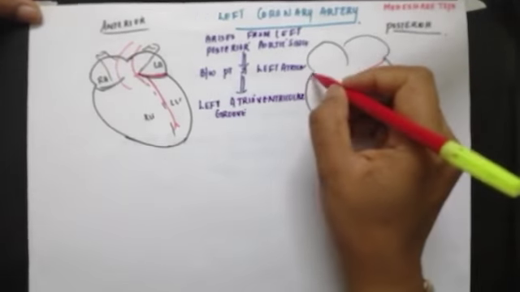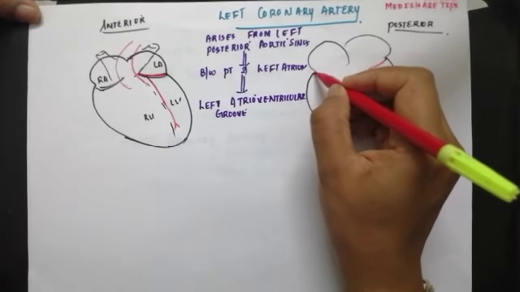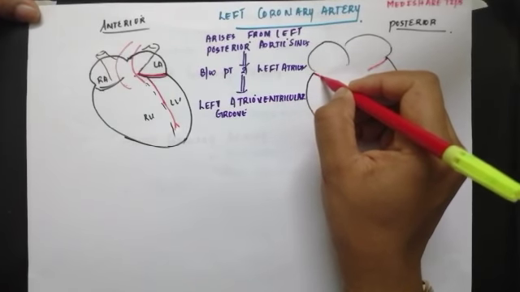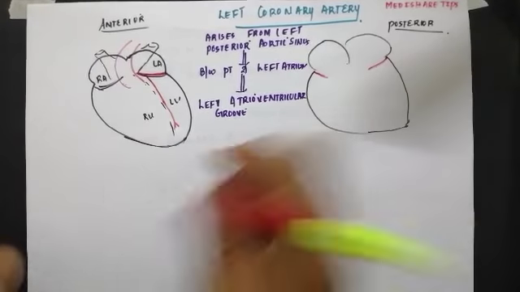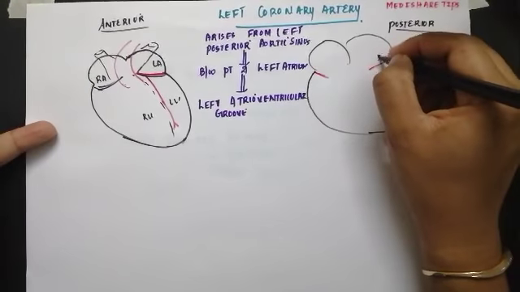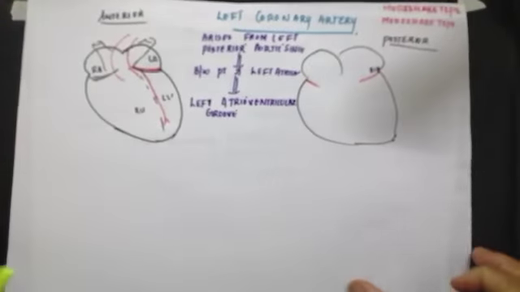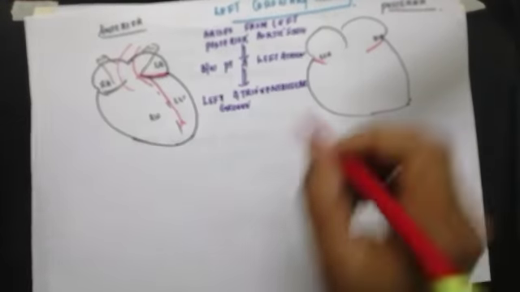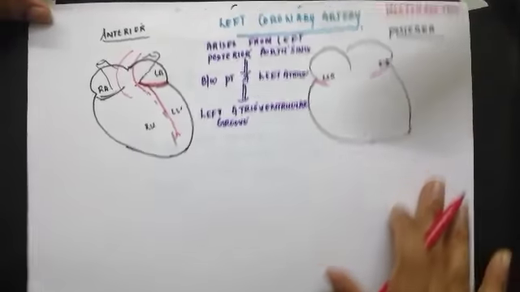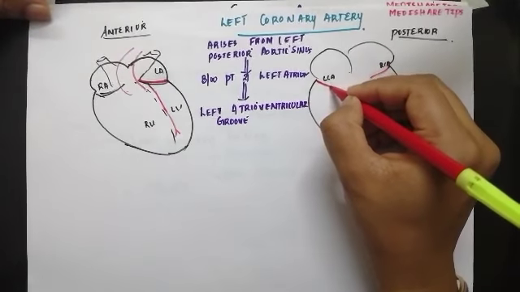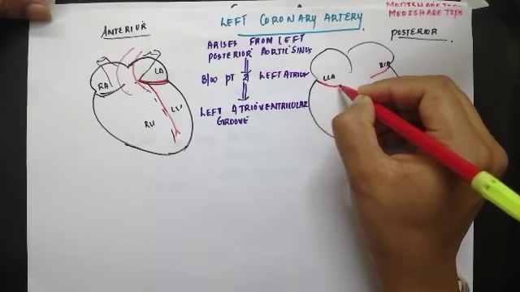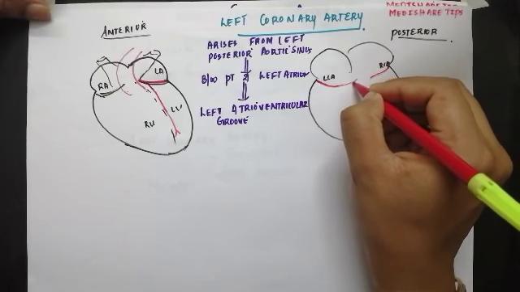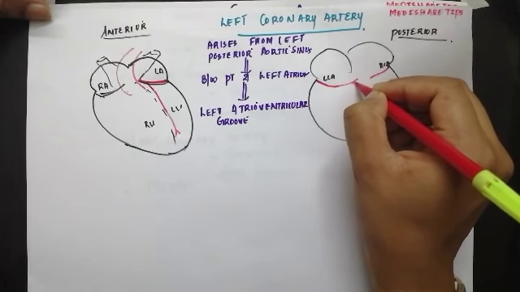Sorry, this is the right one. This is the right coronary artery. This is the circumflex and left coronary artery. So it passes into the left posterior coronary sulcus and it anastomoses with the right coronary artery.